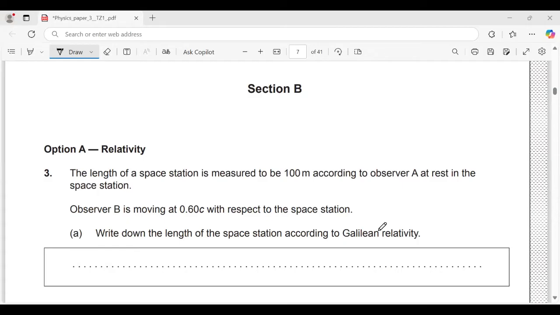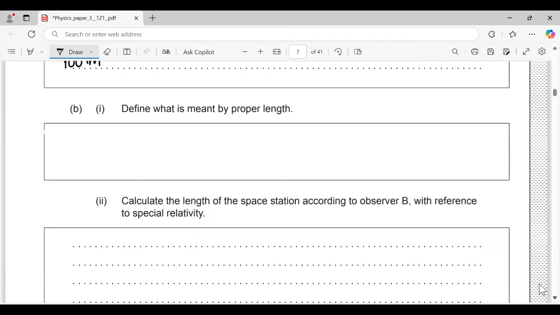It means no matter how fast observer B is moving with respect to the space station, the length of the space station remains the same as measured by observer A. So the length of the space station observed by observer B will still be 100 meters, according to Galilean relativity.